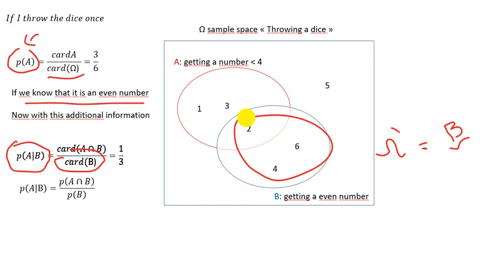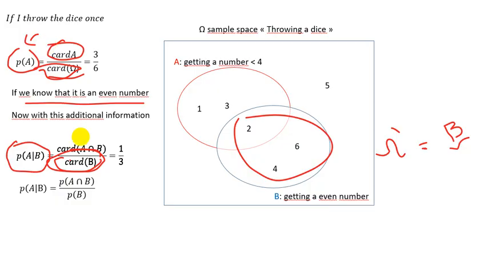As I said, when I have new information, the omega becomes smaller, and here our omega was from 1 to 6. When I know it's an even number, it becomes just those even numbers, so it is B. Our new cardinal omega becomes cardinal of B. Now here, instead of cardinal of A, I know this is not just a number less than 4, but less than 4 and at the same time an even number.